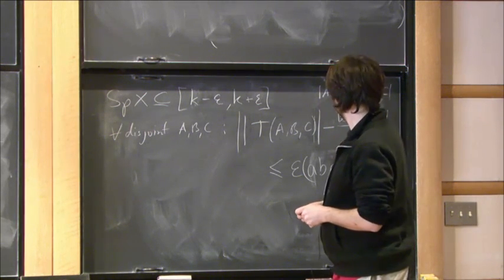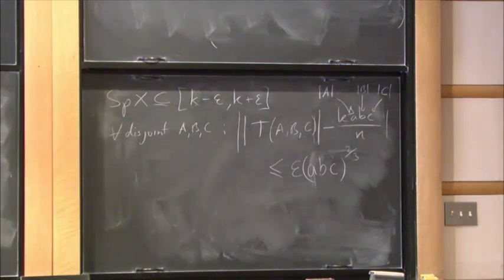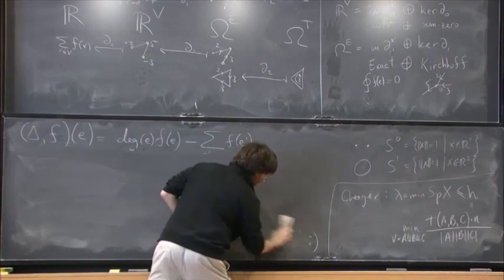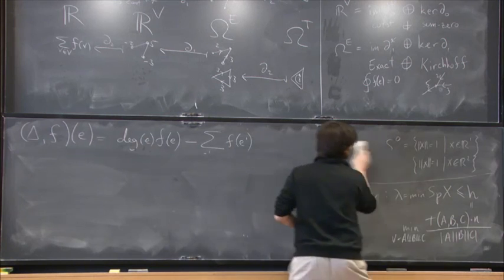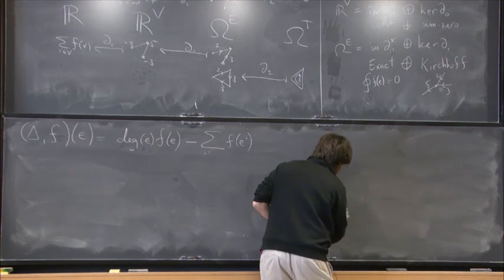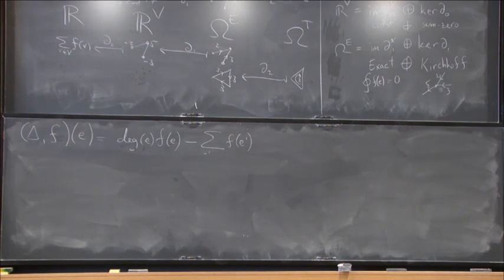It works for any k and any epsilon, but if you give bad values, then your bound here will not be interesting.